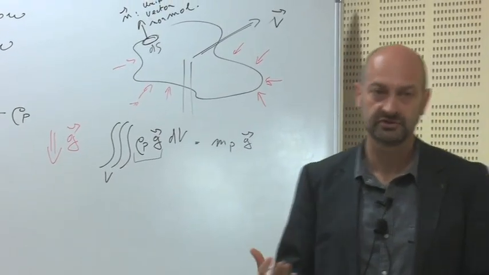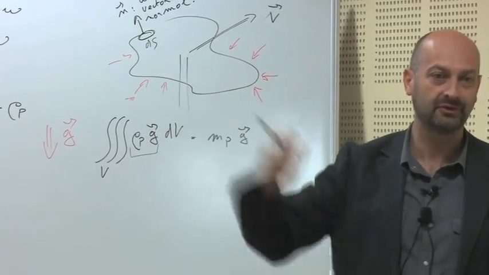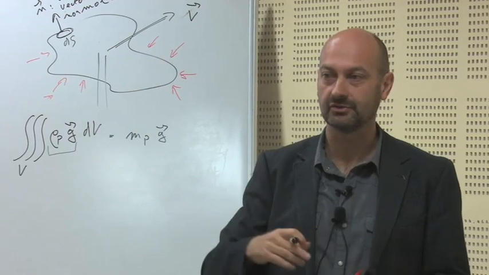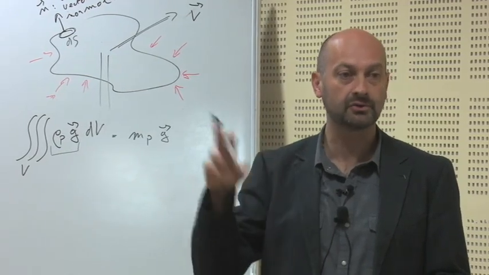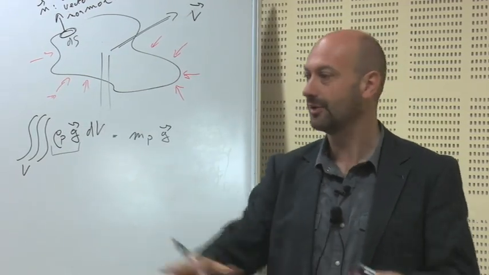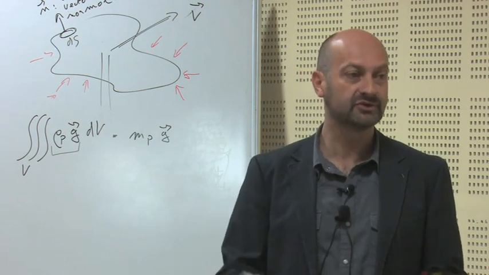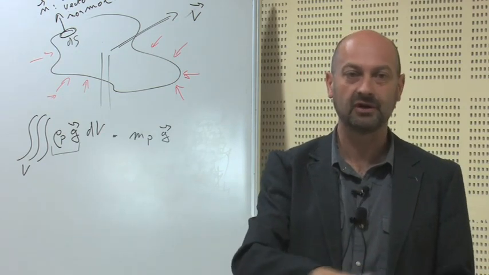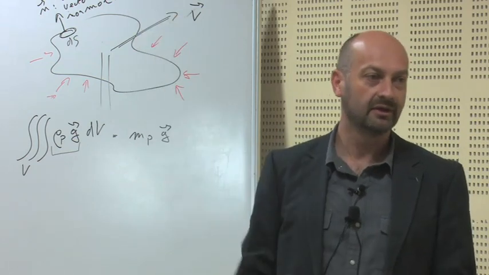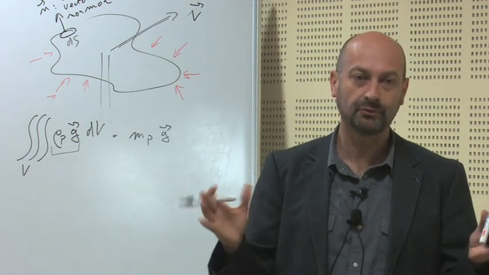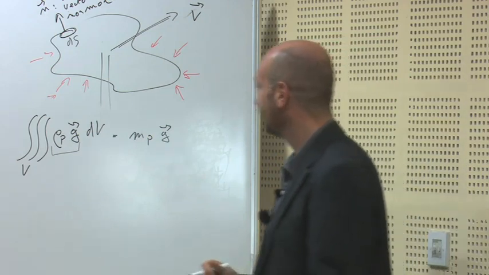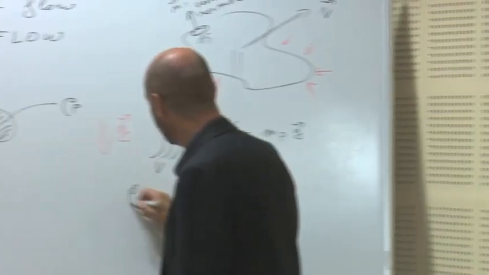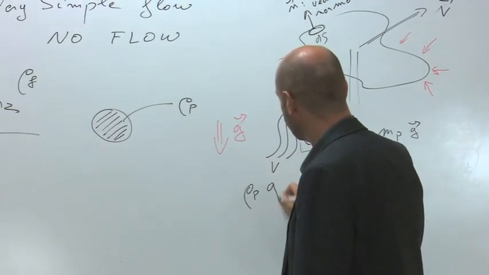Actually, it's not constant. If you go very far from the Earth, it is varying as 1 over r squared. But if you do experiments on the Earth, it will be almost constant. It might vary if you do experiments at sea level or in the Himalaya, but we are going to assume that it is constant. Okay, so you can pull it out.